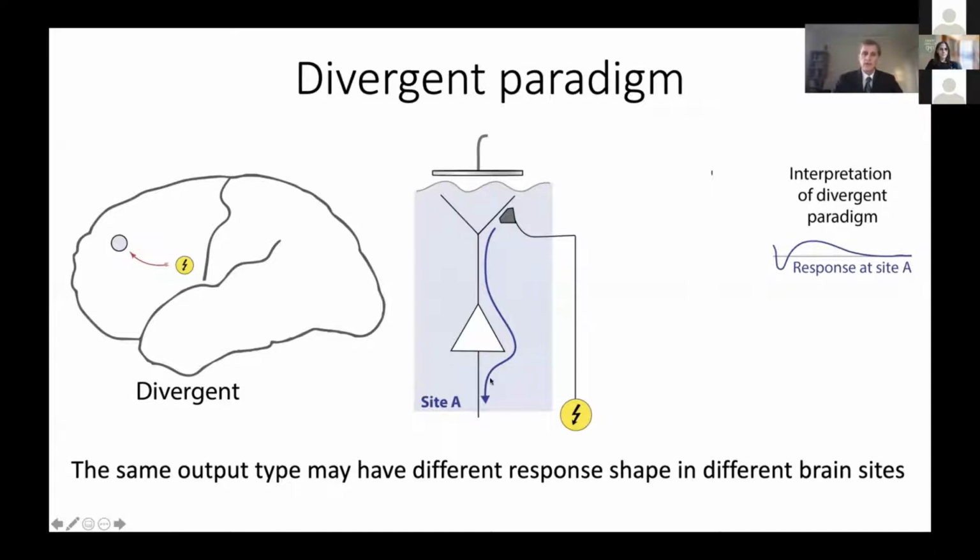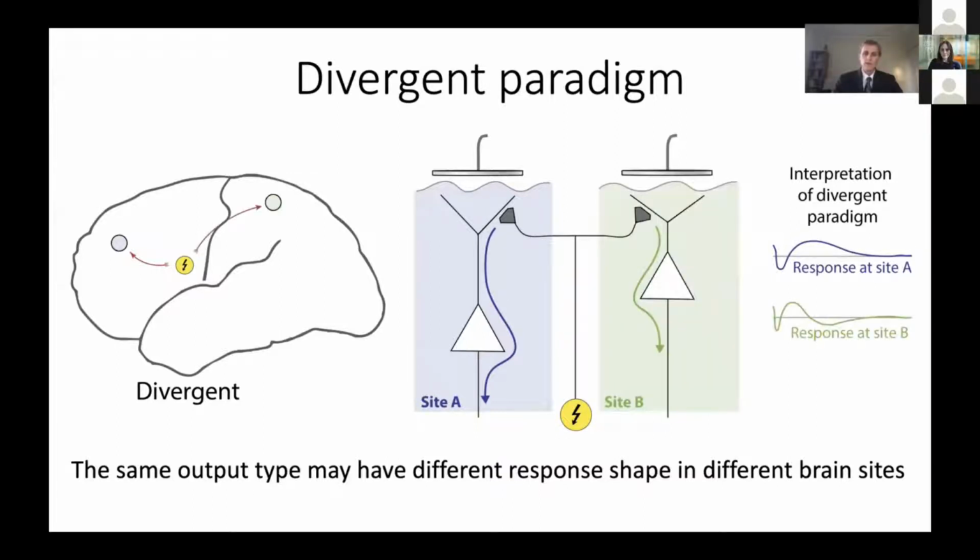And when we see this at site A in this example, we measure a characteristic response, and we assume that that response tells us something about the microstructure of the population of neurons underneath one of our recording electrodes. However, if we go to a different spot, let's say here in the parietal cortex, we might measure a response of completely different shape.